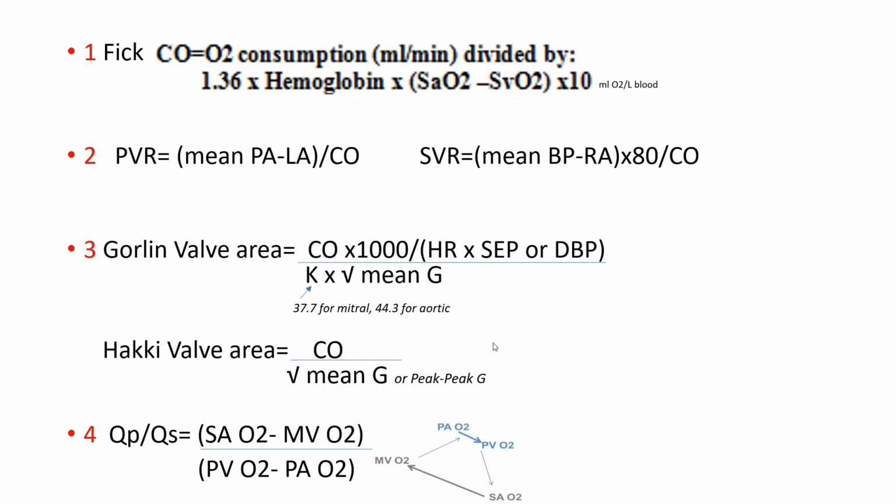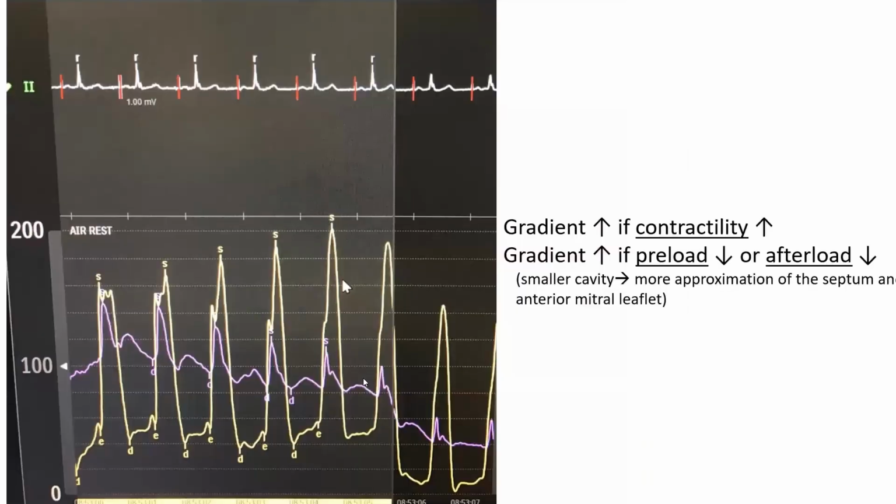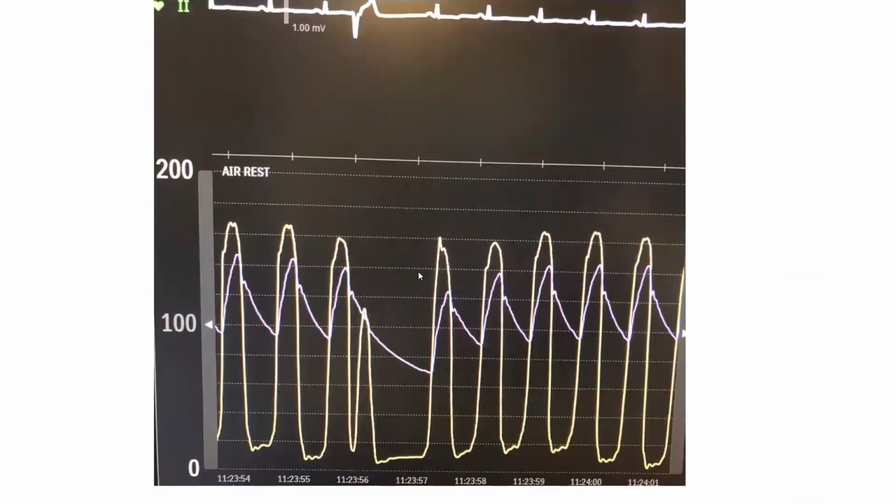So really, fixed valve disease is very dependent on flow. That's why after a PVC, and when you change your output, your gradient will change. So don't think that in AS the gradient doesn't rise. It does rise. It's just the morphology is different and it doesn't rise as much because the aortic pressure also increases, whereas in HOCM, the aortic pressure drops.